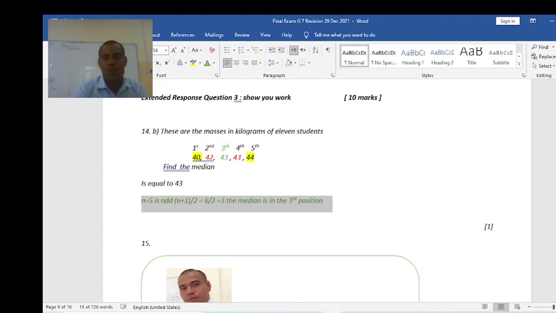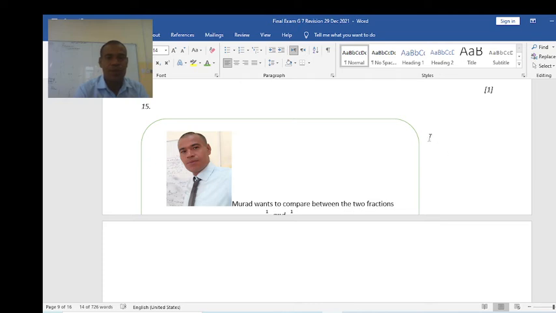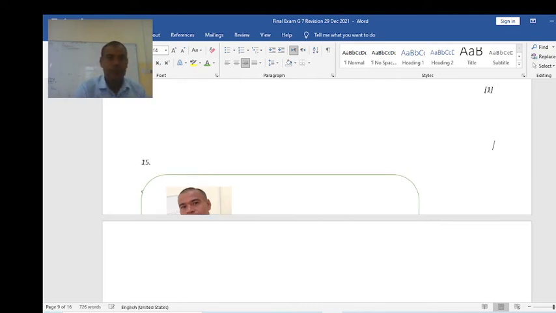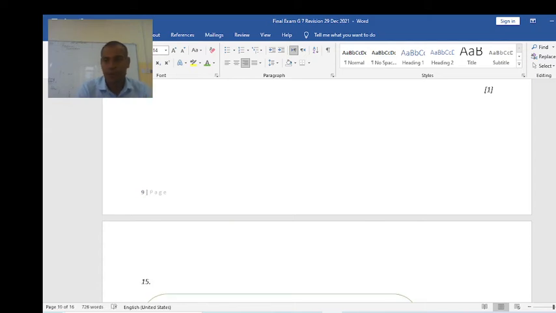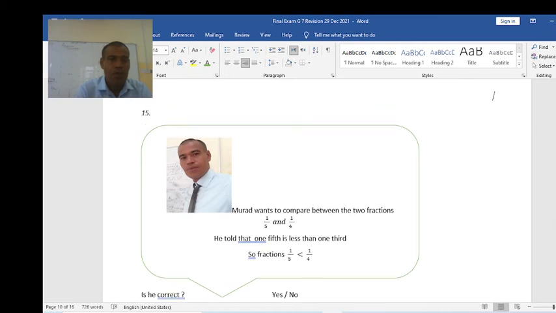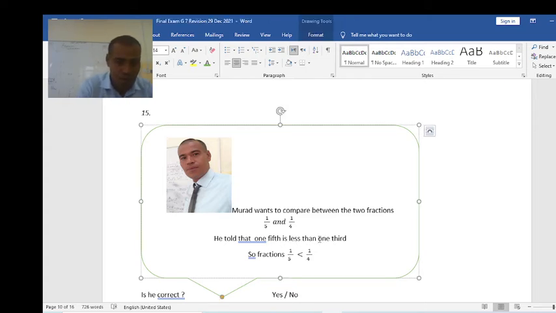Okay, now we move to the next question. Question 15. Murad wants to compare between two fractions, 1/5 and 1/4. He told that 1/5 is less than a quarter.